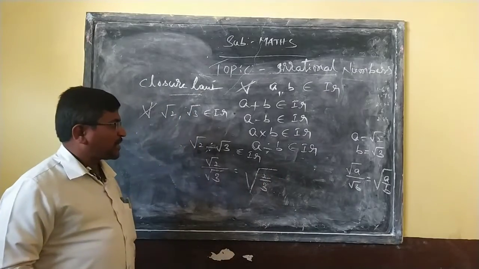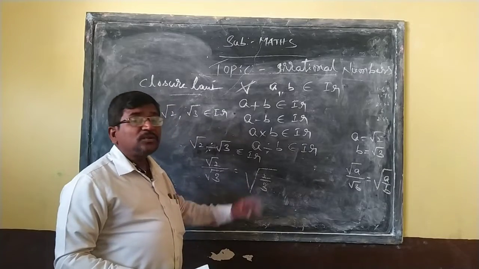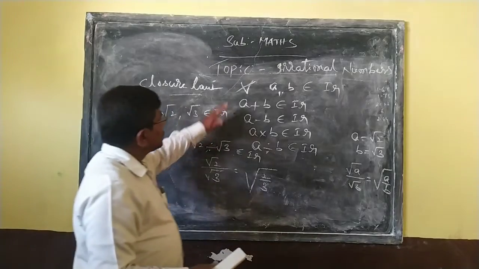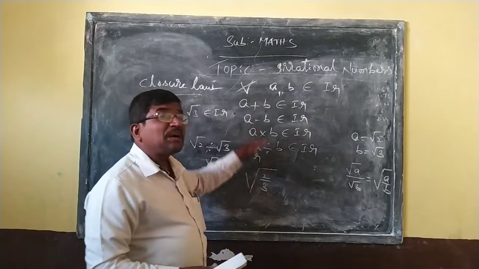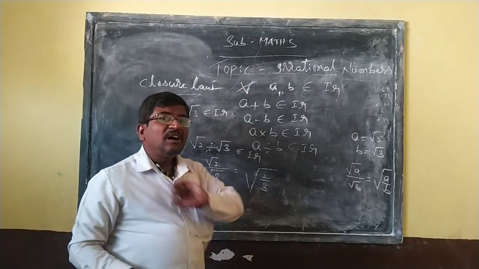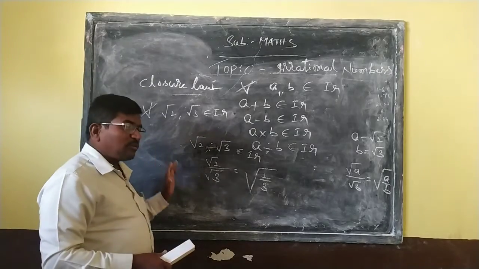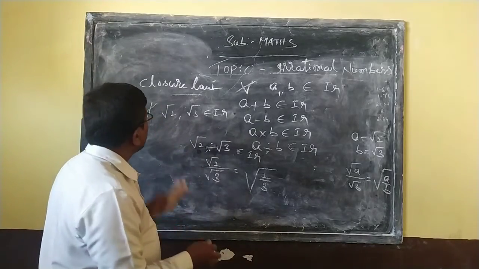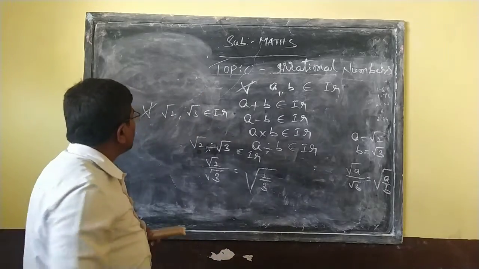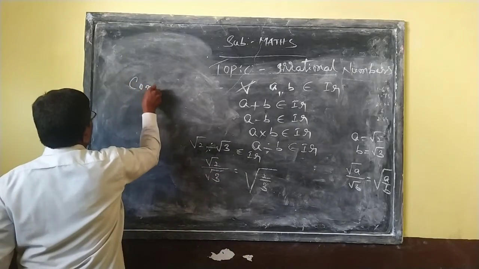For understanding purpose, you can practice now. So root 2 by root 3, you can write as 2 by root 3. Yes, this is also an irrational number. Got it, students? So, completely, the fundamental operations, that is addition, subtraction, multiplication, division, are all satisfied. Very, very important. Clear, students? This is the closure property. Next, that is the commutative property, or commutative law.